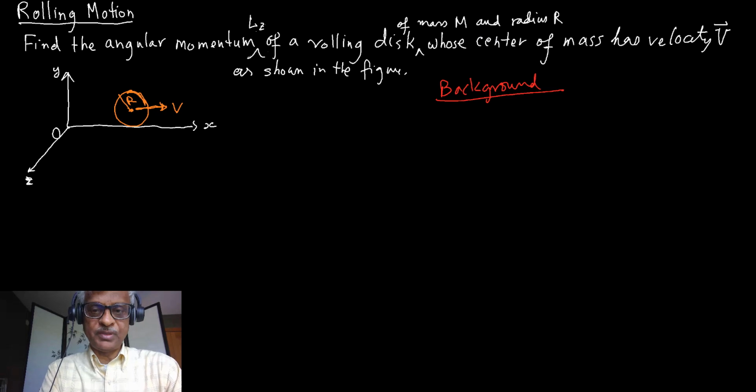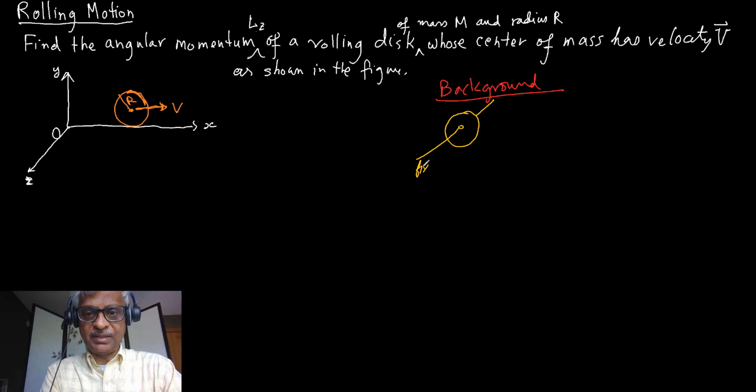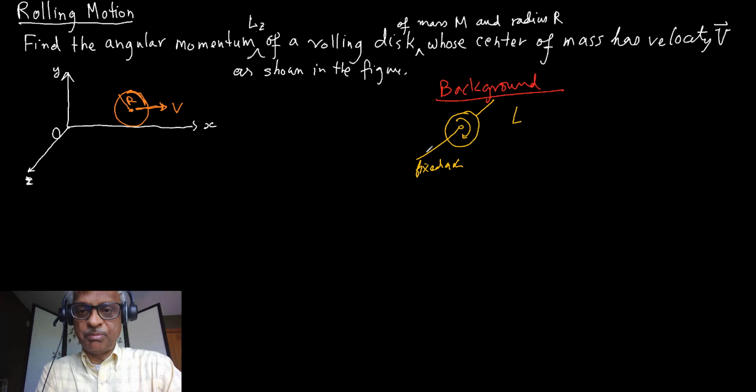The background you need is this: if something is purely rotating about a fixed axis, then you have a very simple situation. The angular momentum is about this axis, axis A. Suppose this is the z axis, so Lz is just Izz times omega z.